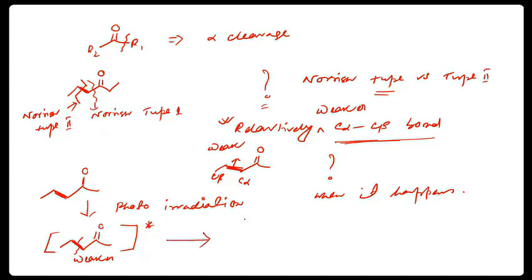Now, as this bond is weaker, this is going to cleave by Norrish type 2 manner. So, in this discussion, we have identified one fundamental point which is true about the Norrish type 2 reaction: there should be a relatively weaker C alpha and C beta bond. Now we'll understand why it happens.